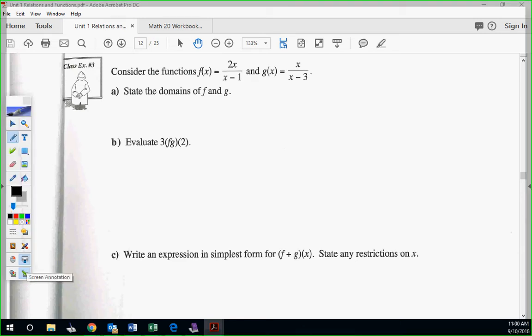Okay, consider these functions. f of x is 2x over x minus 1 and g of x is x over x minus 3. Okay, so now we're doing a little bit of multiplying of rational functions. We have fractions in our functions. Okay, so what's the domain of f now? Yep, domain is x can't be 1 for f.